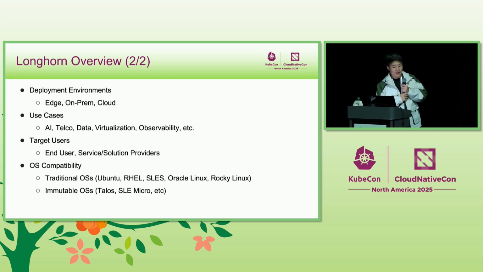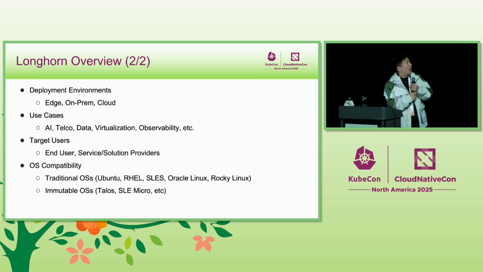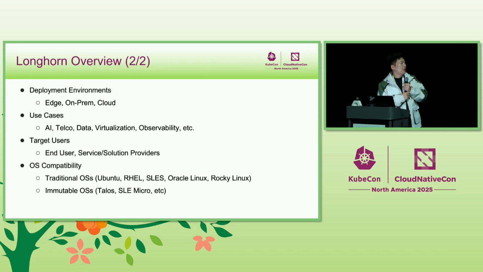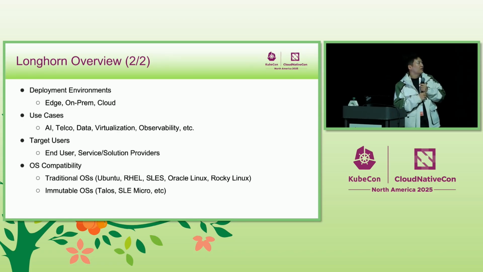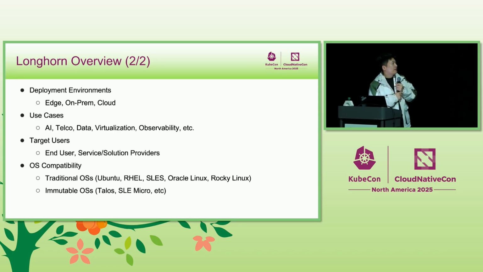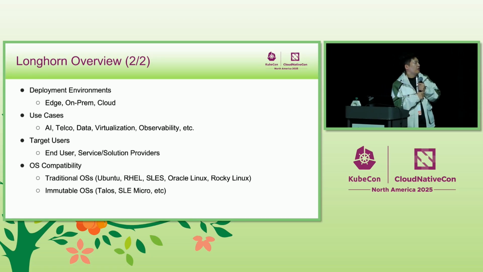And it can adapt to multiple use cases as well in AI, telecommunication, data visualization, and observability related issues. It also has pretty good capability with multiple kinds of operating systems, not only with traditional OS, but also for immutable OS.